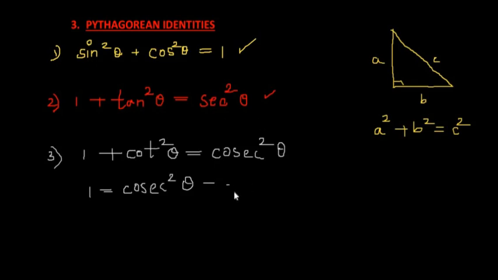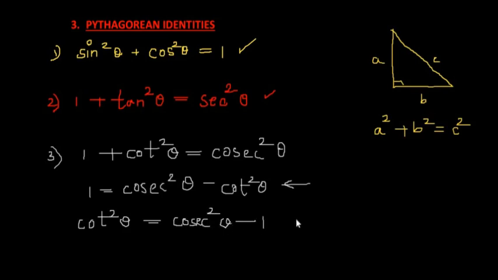This is the first rearrangement, and the next one is cot square theta is equal to cosec square theta minus 1. So you don't have to remember the rearrangements, you just have to remember the main identities. That should be more than enough to solve the examples.